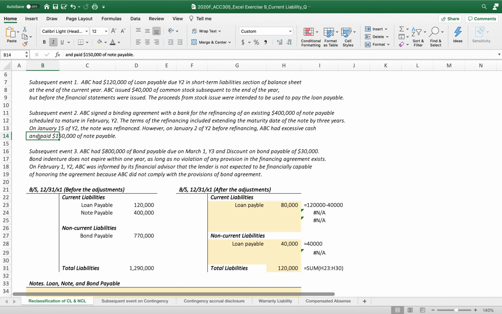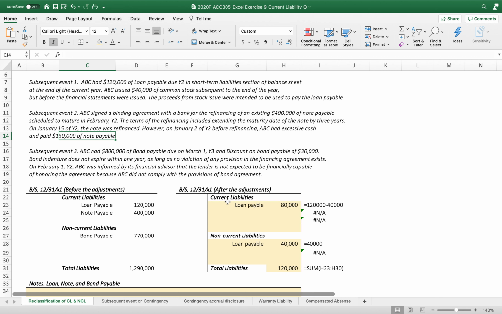Now, even though the company has the ability and intent to refinance, it turns out that the company decided to pay and actually paid this note payable. So the intent for this portion of the note payable is to pay it out, not refinance. So this amount, $150,000, should be recorded in current liability. That is the intent of the company.